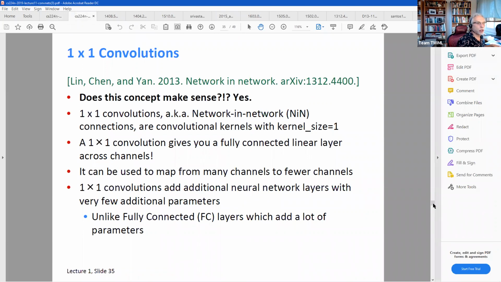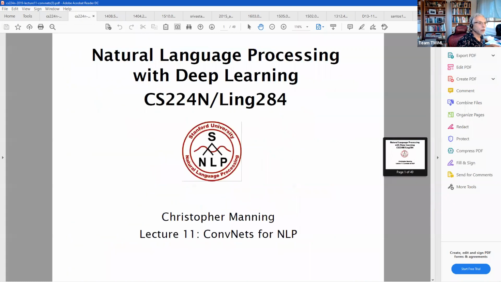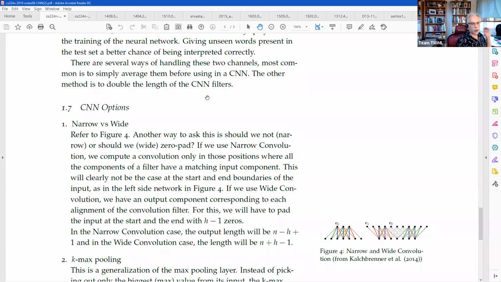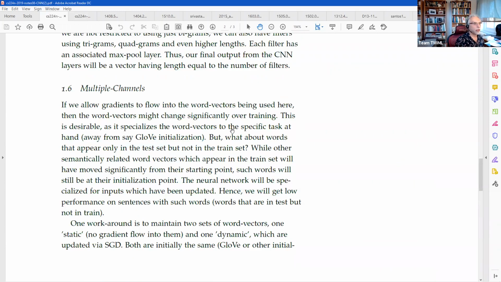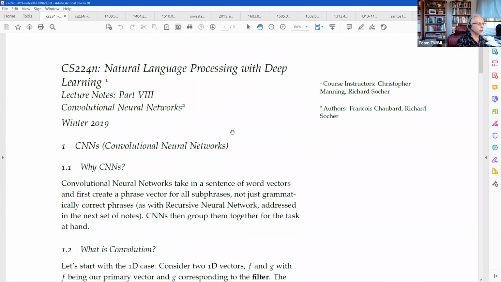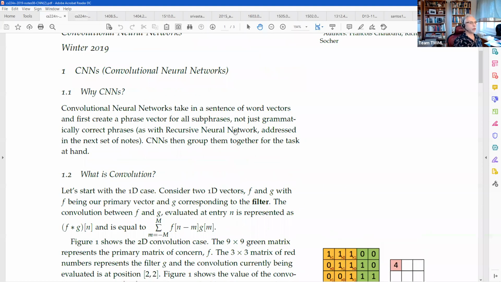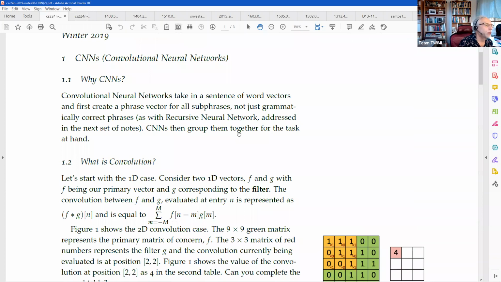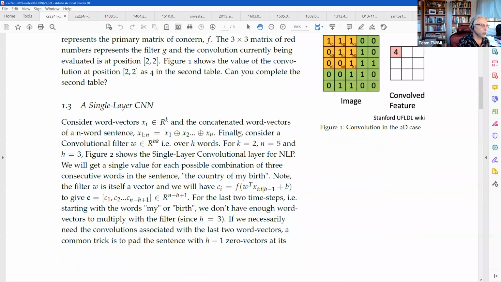For every lecture, there's always a PowerPoint presentation, and then there's also a set of notes. A lot of times the notes are a lot more detailed than the PowerPoint presentation, but in this case, the notes are a lot less detailed. They're just a few small notes on this lecture. So one thing we can do is go through these notes a little bit.